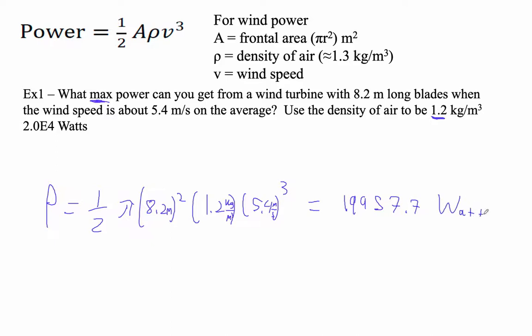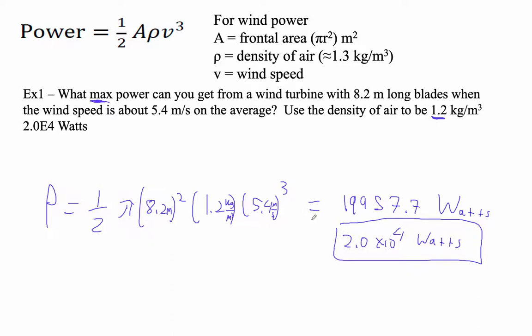That's the total available, which is roughly 2.0 times 10 to the fourth watts, because we only have 2 sig figs. Remember, this is the maximum available. The real efficiency is going to be something like 35% of that.